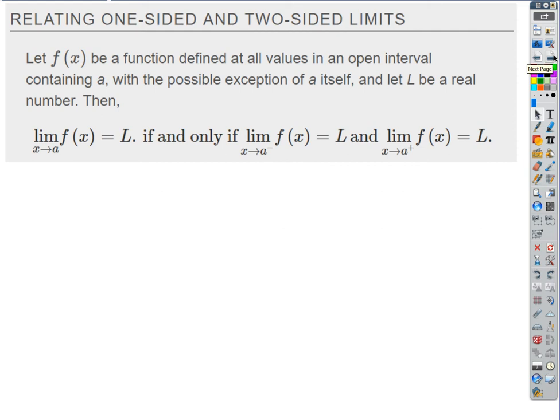Instead of saying when the ants anticipate stepping on the same place, we can now say, formally, that the limit of f of x as x approaches L exists if and only if the one-sided limit of f of x from the left exists and the one-sided limit of f of x from the right exists and they're equal. And that just formalizes that notion that the ants have to anticipate stepping on the same place.